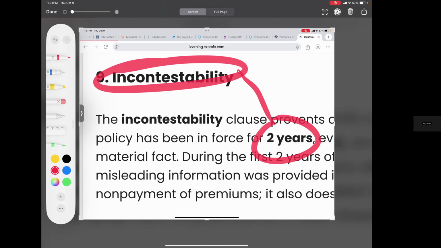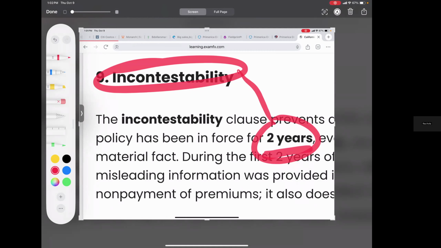When the policy's in force and somebody dies within 2 years, the insurance company has a right to contest the policy to see if there's fraud, like somebody committed suicide or they lied on the application. The company has to contest, which means investigate to see if there's fraud.